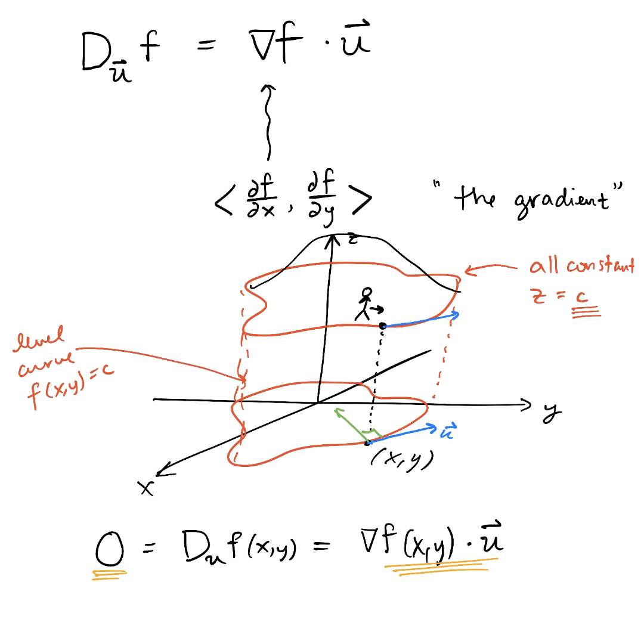And so I'm thinking of the gradient as pointing in the direction straight uphill, and we'll discuss why that's not too big of an assumption in a moment. But whatever direction the gradient points, it's definitely perpendicular to the vector u.